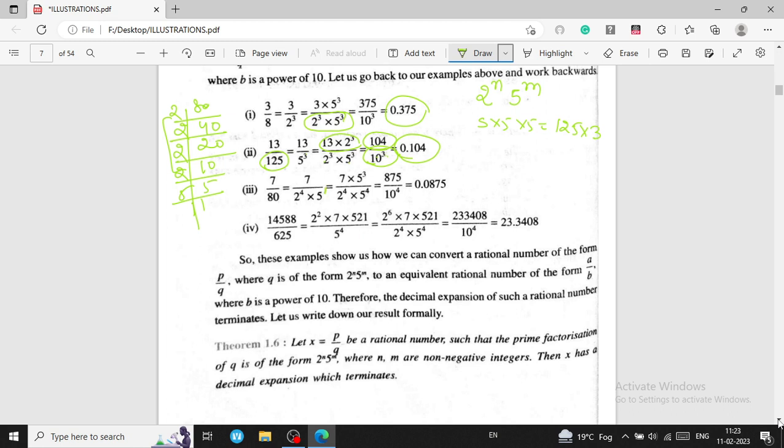But we need the same power for the bases 2 and 5. So we make the same power, and we multiply the numerator and denominator by 5 raised to power 3. When we multiply 5 raised to power 3 with the numerator, we get 875, and in the denominator we get 10 raised to power 4, and finally the answer is 0.0875.